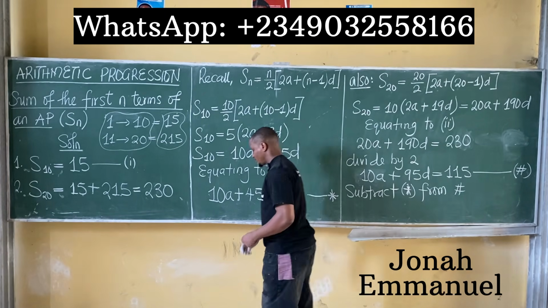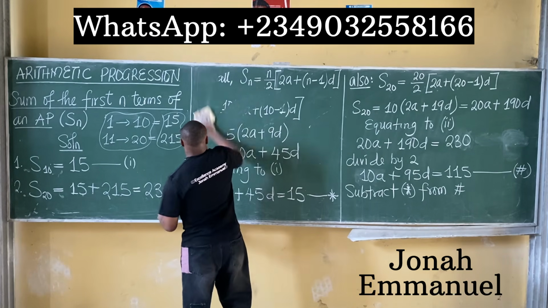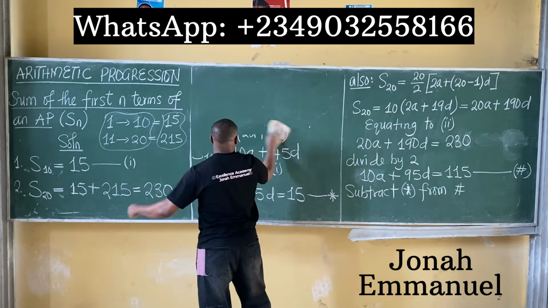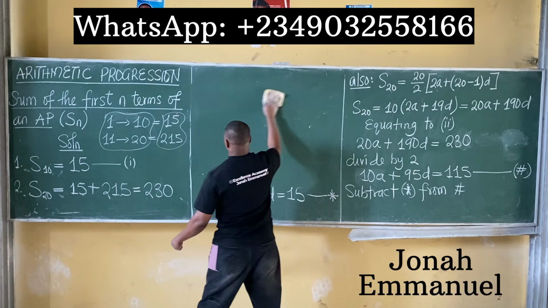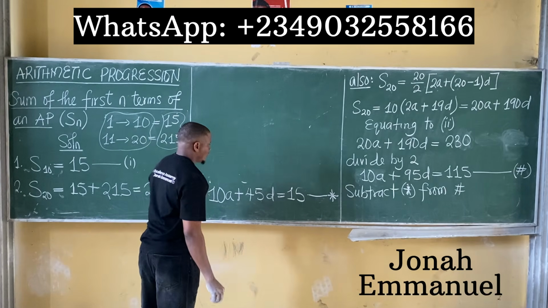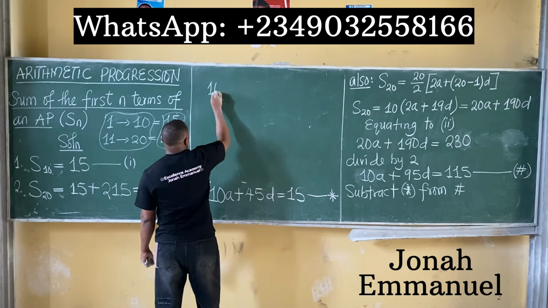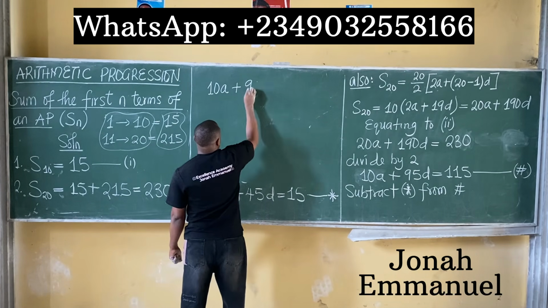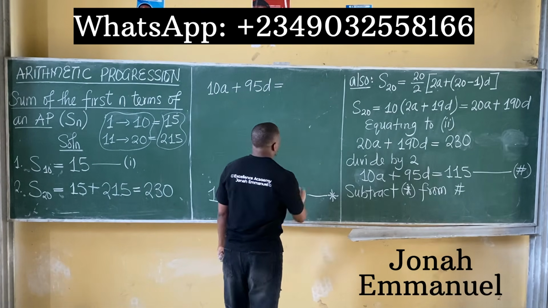What do we have? Asterisk is 10a plus 95d, which is equal to 115.